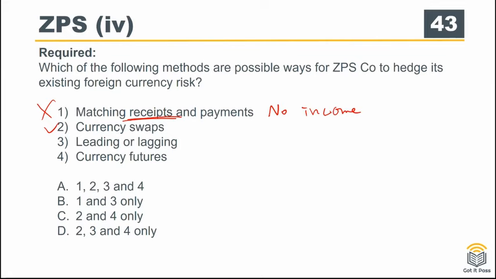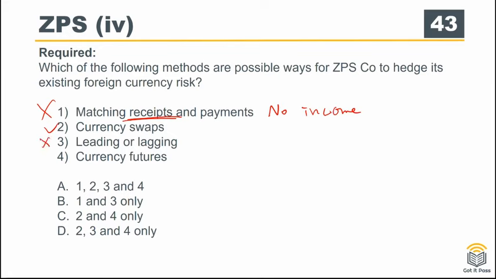Third point is leading or lagging. It seems impossible because for the 5 million peso, the payment cannot be delayed, because it's the obligation by the company to the bank or to the financial institutions. Therefore, it's not possible for the lagging to happen here. So it's crossed here.